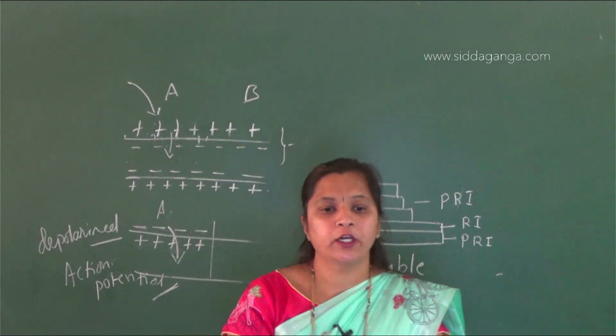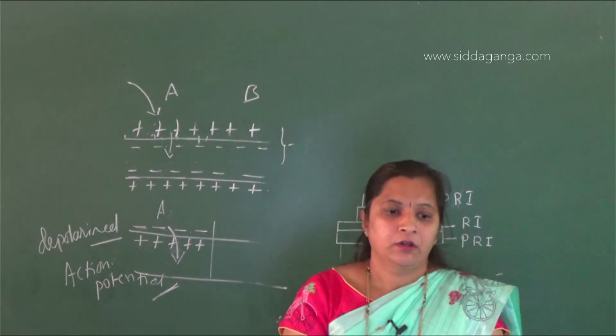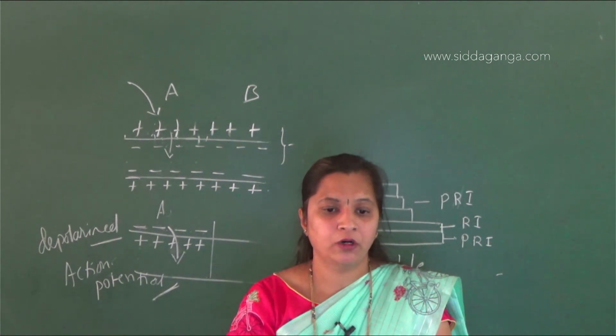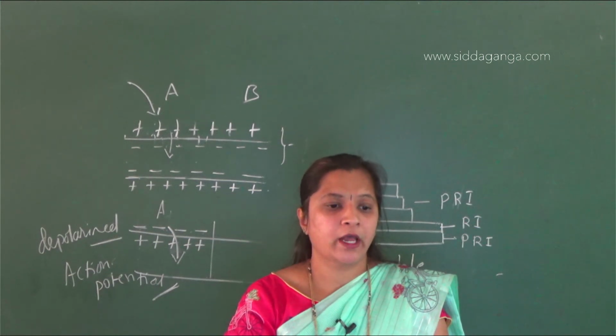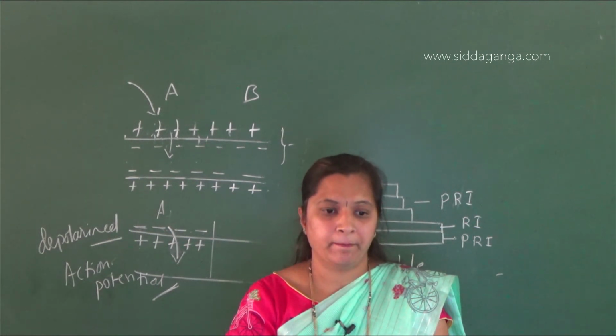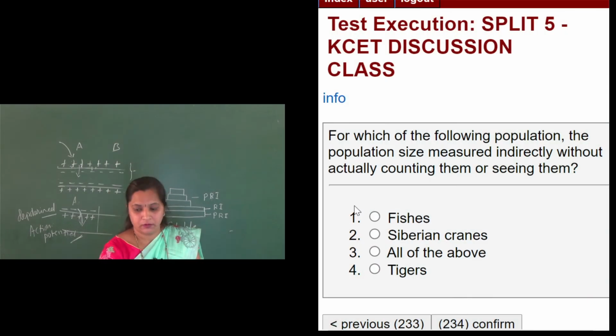For which of the following populations is the population size measured indirectly without actually counting them or seeing them? I'll read the question once again. First option, fishes. Second option, Siberian cranes.